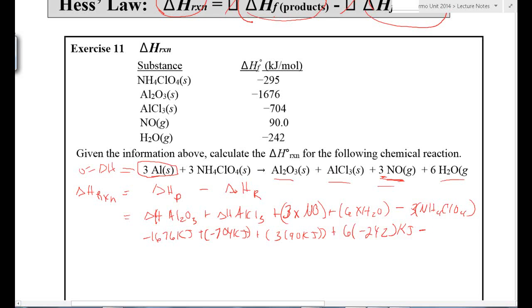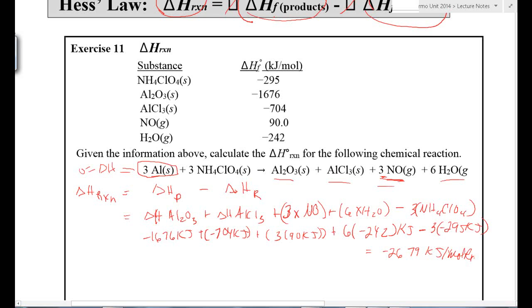And then we subtract from that the reactant, which is 3 times minus 295 kilojoules. And that's going to come out to be what's listed on the bottom of the paper, minus 2679 or so kilojoules per mole of reaction.